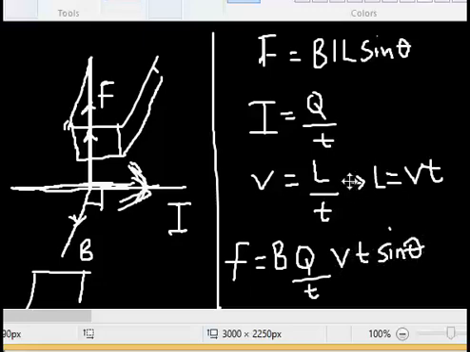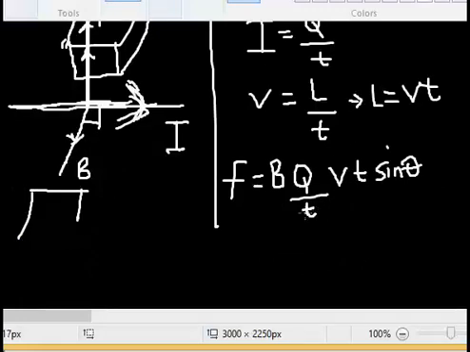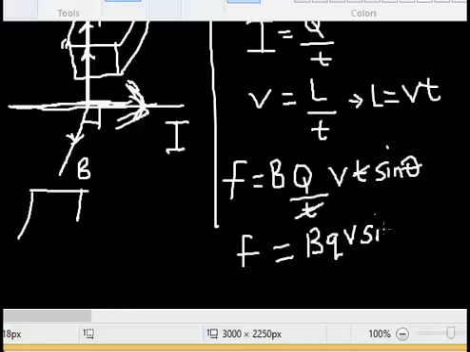Here, T cancels T, so the force on a charged particle is given as BQV sine theta.